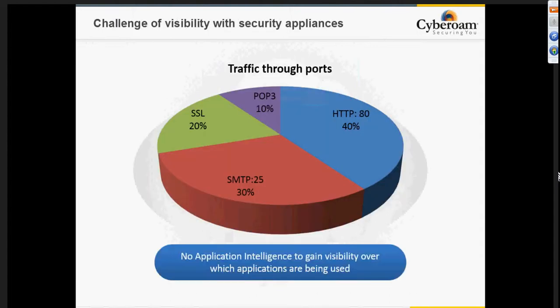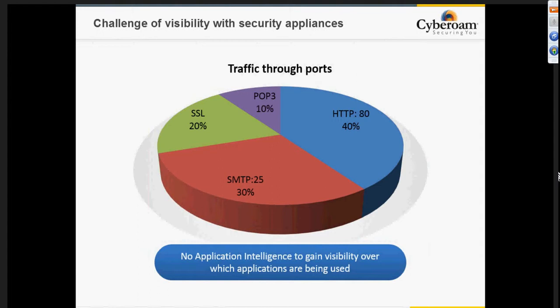The challenge of visibility with security appliances is that traffic goes through ports, and there is no application intelligence to gain visibility into which applications are being used, like port HTTP. 40% of traffic going out is port HTTP, POP3 10%, SSL 20%, SMTP 30%.